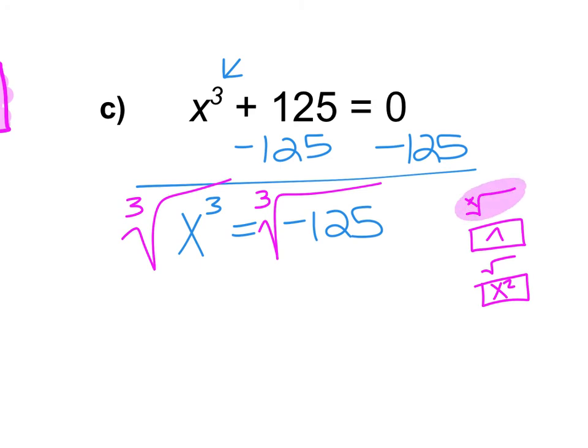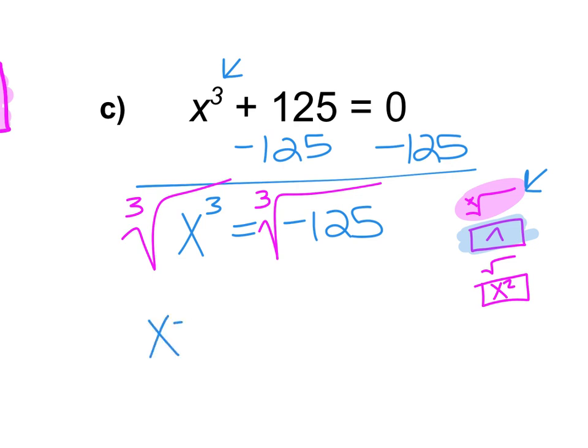So we have to use our second key and then click on that arrow key. And then this symbol should pop up on your calculator. And then you just type in negative 125. And because it's the cubed root, it's okay that it's negative. Any odd roots can be negative.